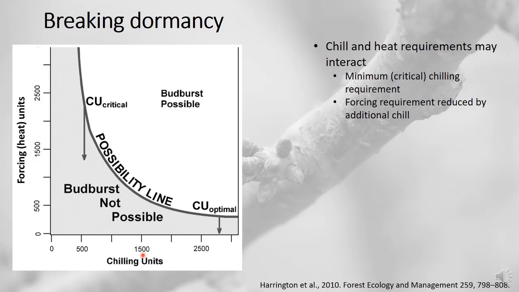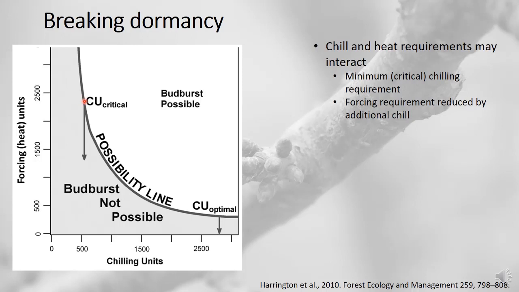So in this particular example, we could have bud burst after 1500 chill units and 500 heat units, or after 2500 chill units and then only about 400. But even up here, after only 500 chill units and roughly 2200 heat units.